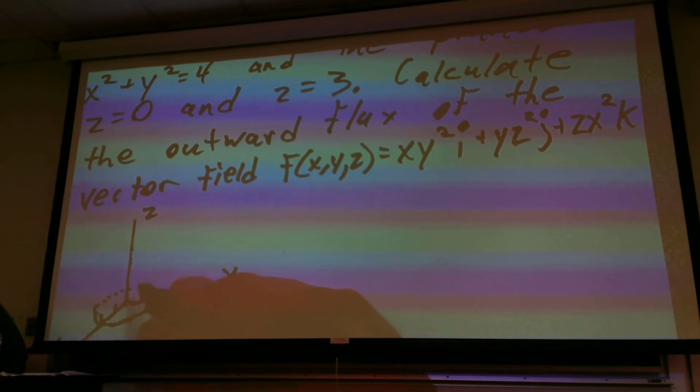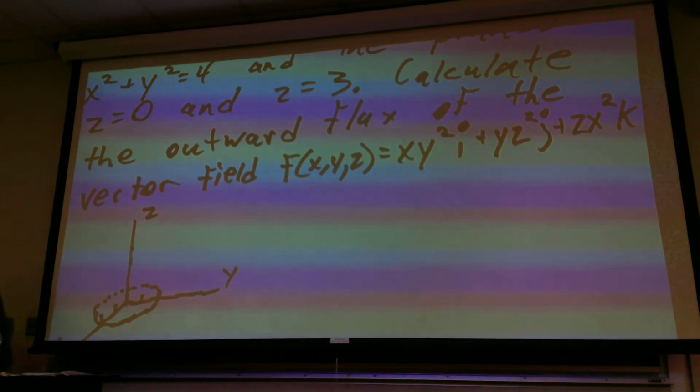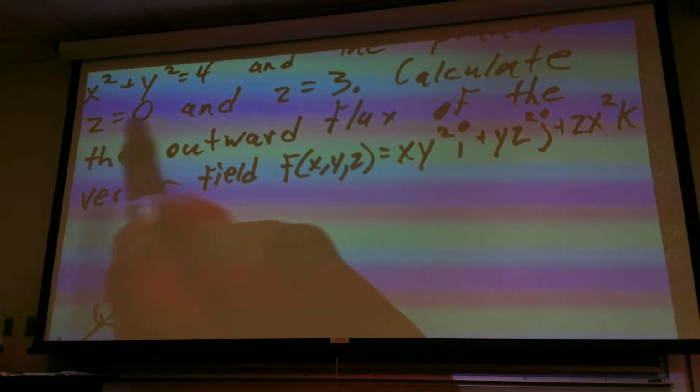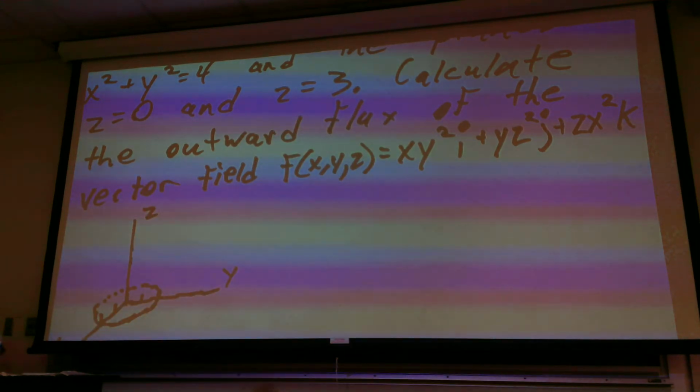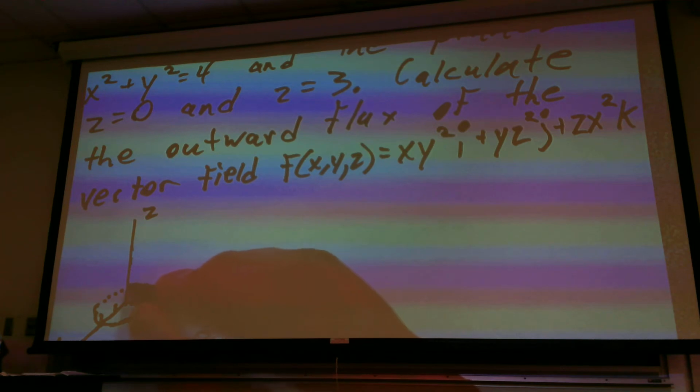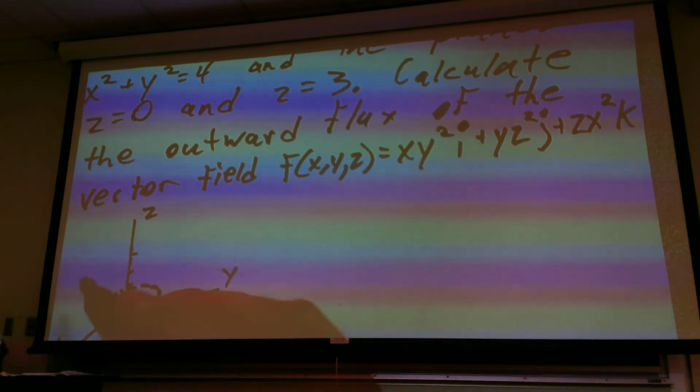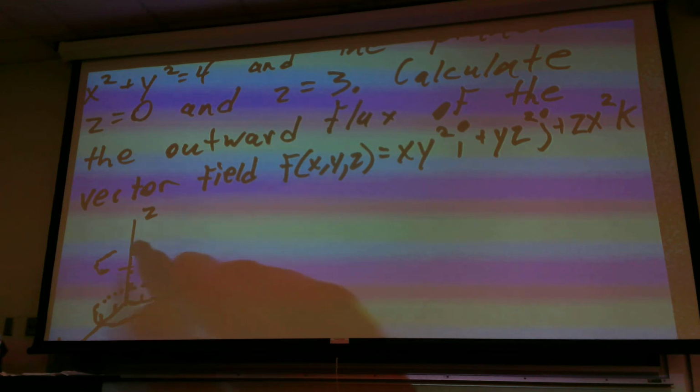I'm going to make this the back part, so I'm going to use dotted lines. When I'm talking about the plane z equals 0, I'm within the xy plane. Then we go up to 1, 2, and 3, to the plane where z equals 3. This will be the top part of my cylinder.